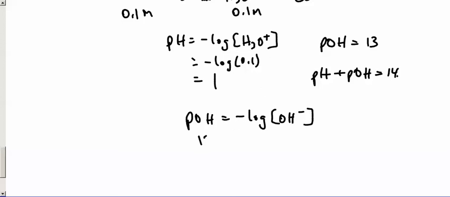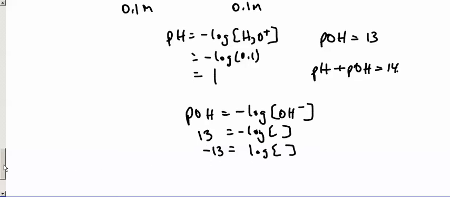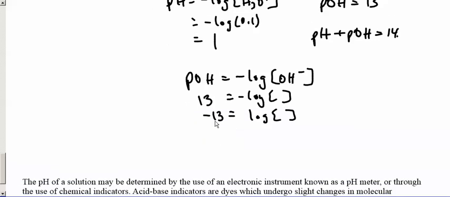I'm going to plug in my 13 is negative log of that concentration. I'm going to bring the negative over, and you have to bring the negative over first before you start logging anything. Bring it over, get it away from it. And now I'm going to inverse log both, and I'm going to get that the concentration of OH- here is going to be 1 times 10 to the minus 13 molar.